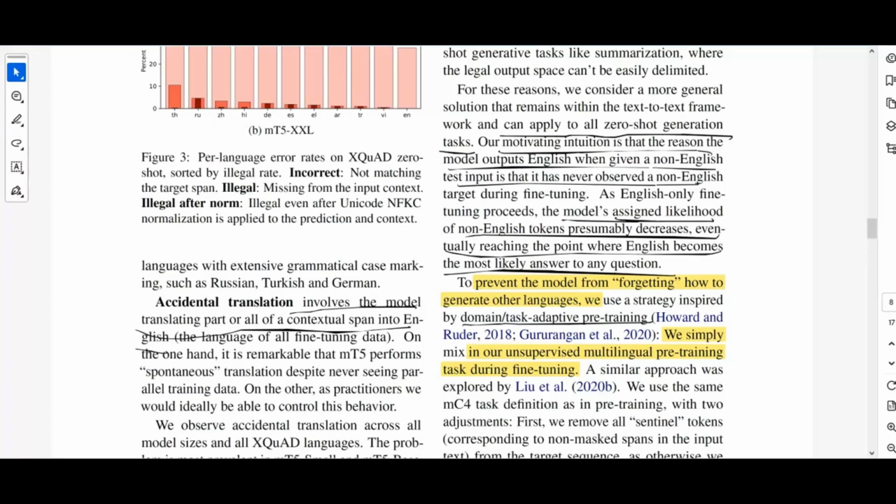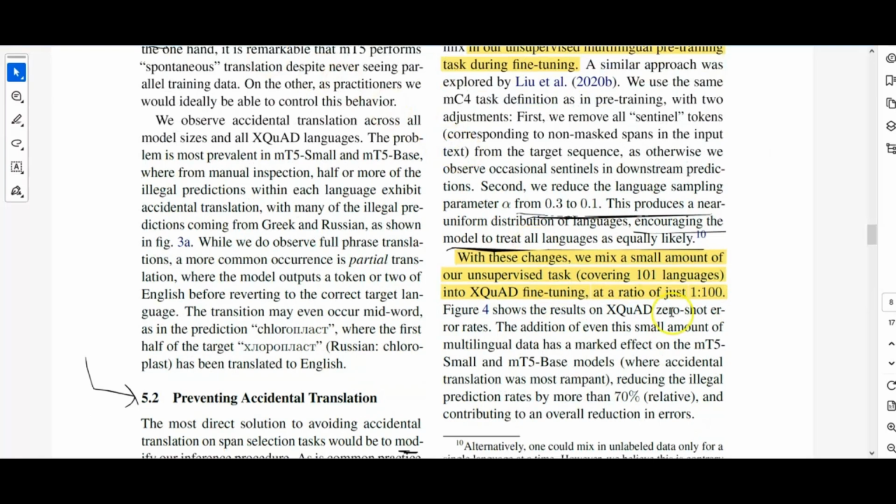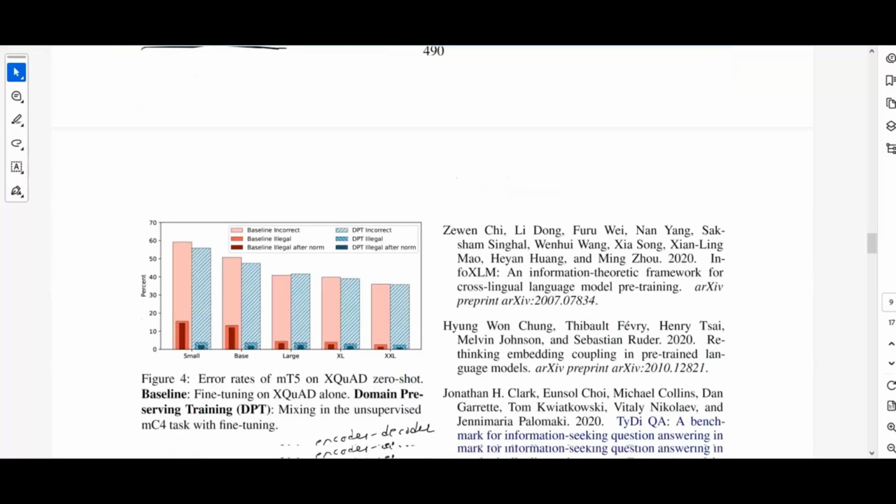As they say here, you only need to include a small amount, and in this case they just experimented with using 100 times more English data, but just one part of that multilingual data, which has 101 languages. By doing that, in the fine-tuning stage, you are including other languages as well, which it had seen during the pre-training phase. That's how they prevented, or actually lowered, the accidental translations.